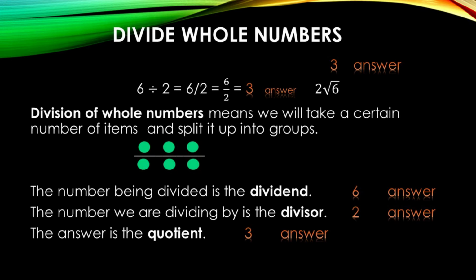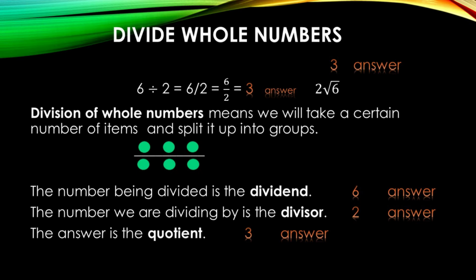So 6 divided by 2 means we have 6 items and we want to divide those into 2 groups. Each group will have 1, 2, 3 items. Therefore, 6 divided by 2 is equal to 3.